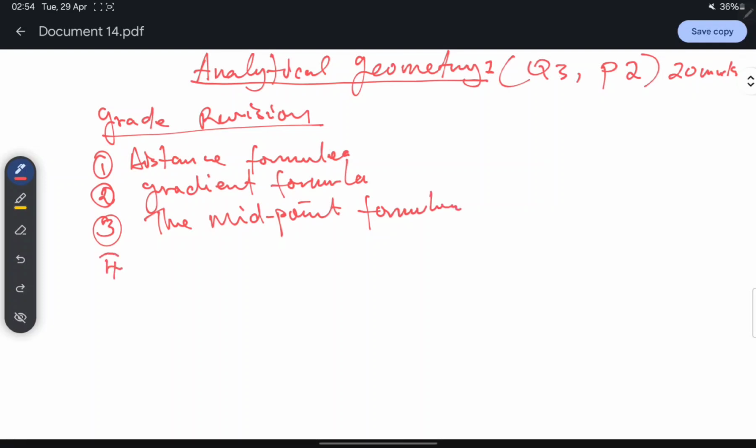Number 4, we'll also talk about the angle of inclination. Number 5, we have to talk about parallel lines.